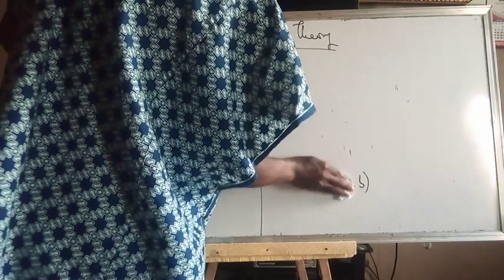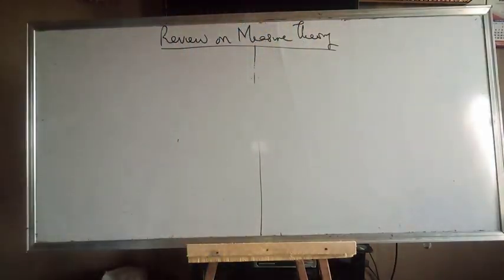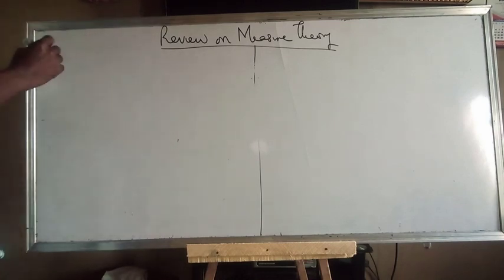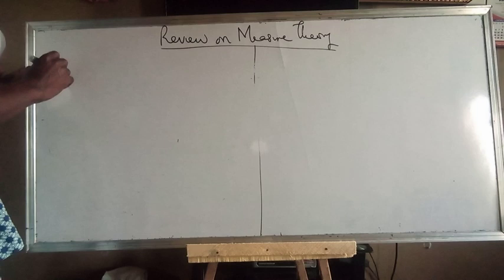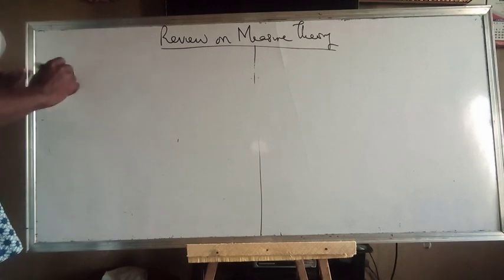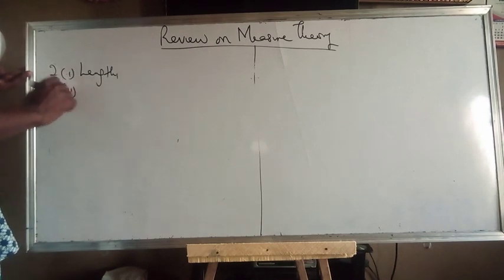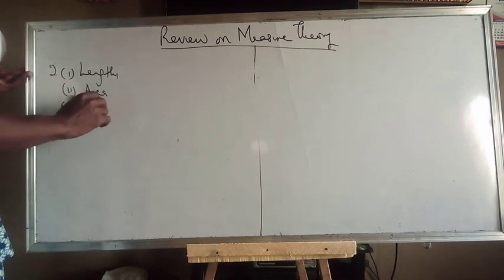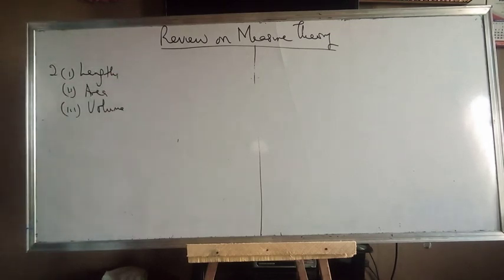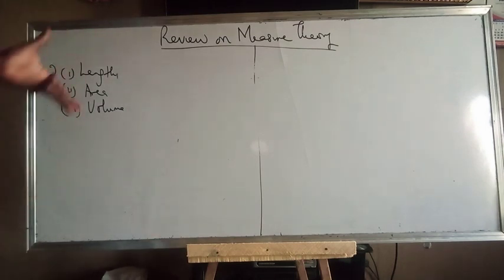A measure is an extension of the concept of length. It's a generalization of length, it's a generalization of area, and it's a generalization of volume. They missed it. The concept of measure enlarges and expands the scope of length, area, and volume.